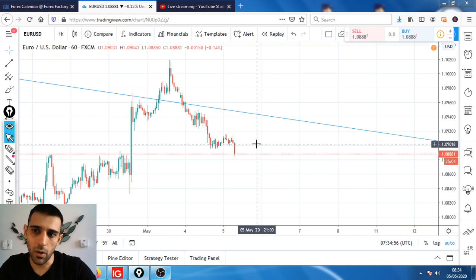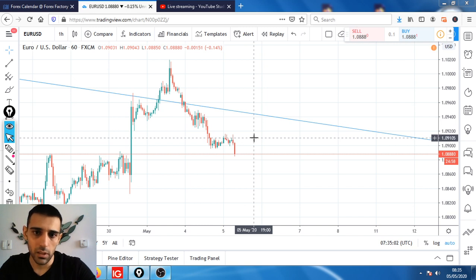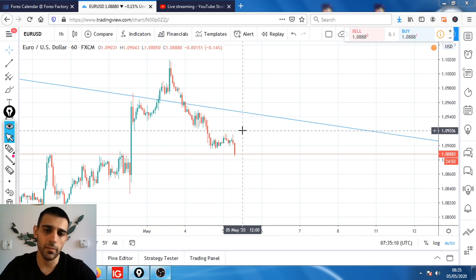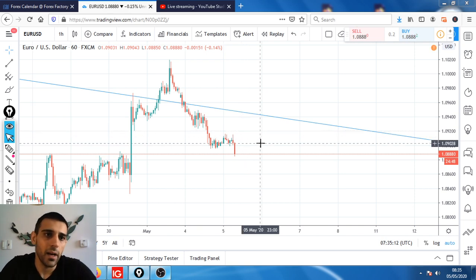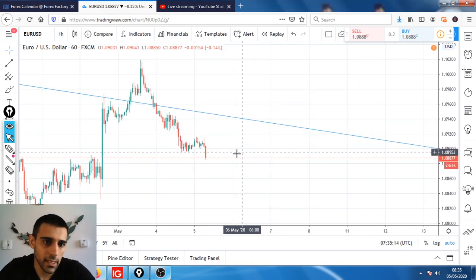So the level is at 10900, and as far as the stop loss goes, we need about 20 pips. I'm just worried about the targets.